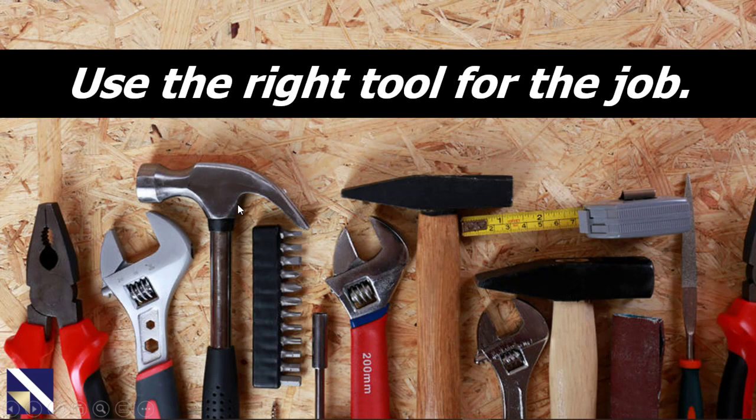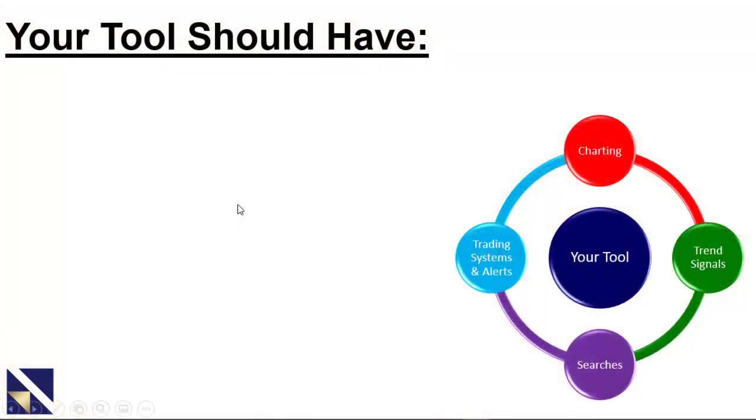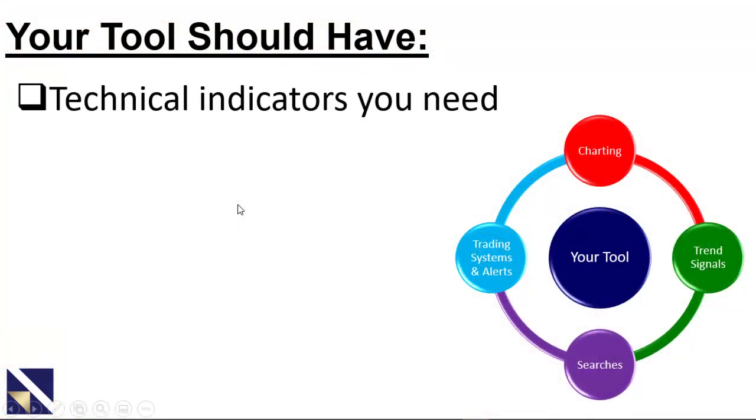At the very beginning, I said the main thing I wanted you to take away from today is that you need to make sure to use the right techniques along with the right tool for the job. So here's a checklist of what we feel every tool should have. Your tool should have technical indicators and display them on charts easily.